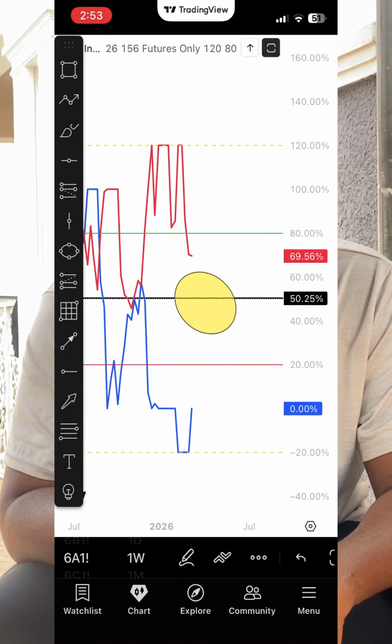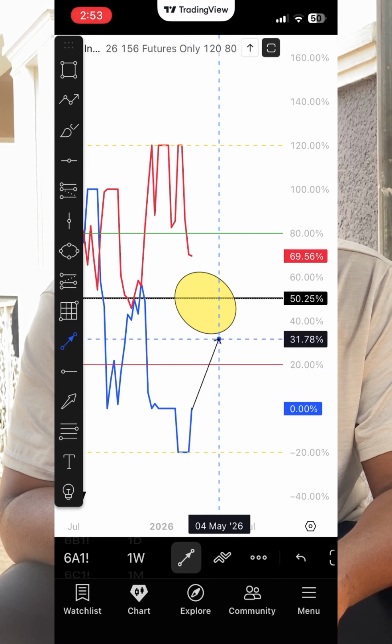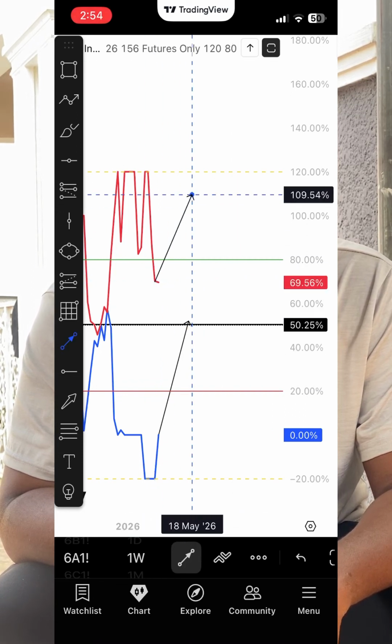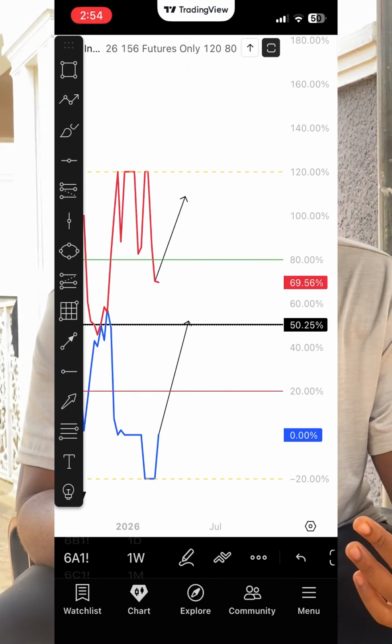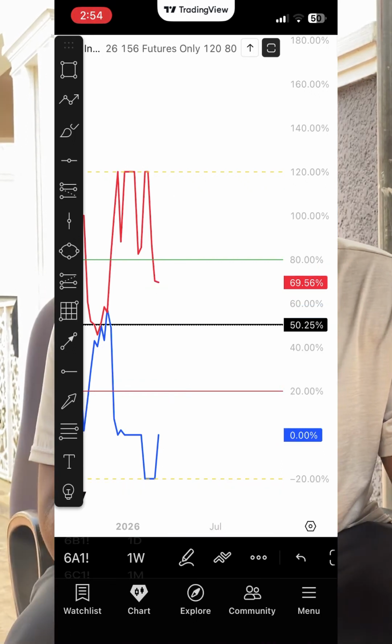Because if the institutions have come to this point, neither bearish nor bullish, but I still find retail traders remaining bullish, I might still take a short trade even without the institutions being bearish. Why? Because the retailers are usually on the wrong side of things.